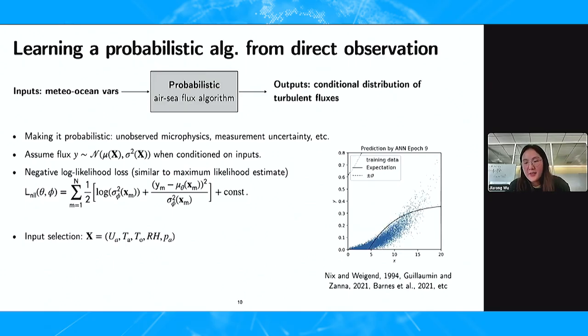And this is a simple demonstration in a 1D input, 1D output case of how the neural net is able to learn both the mean and the standard deviation simultaneously by minimizing this negative log likelihood loss.